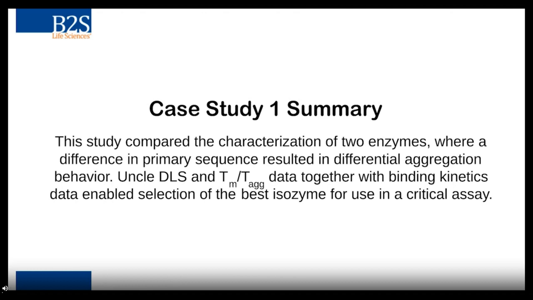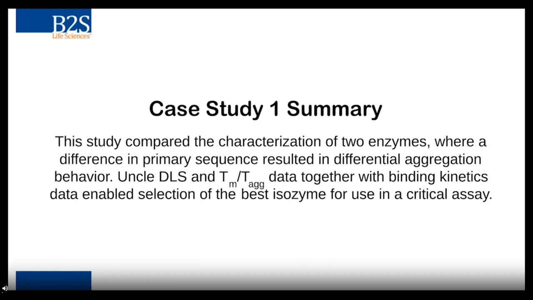So wrapping up the first case study, it was an opportunity for us to use the Uncle instrument to apply advanced characterization to 2 enzymes which were exhibiting differential behavior in biochemical assays.